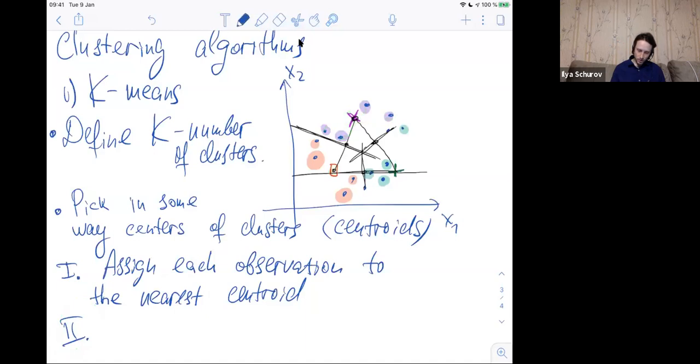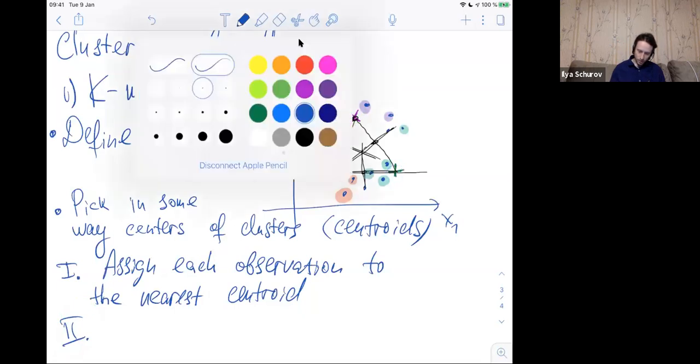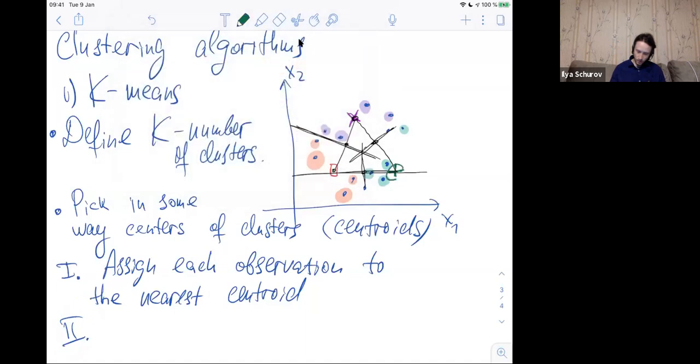So for example, I will move this green centroid. I will move it somewhere here, because it makes more sense.